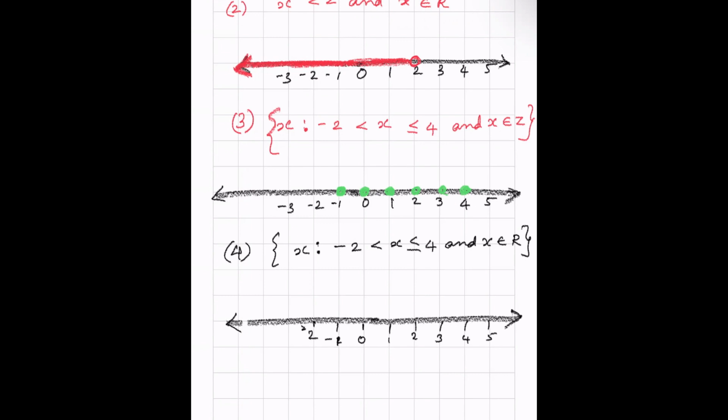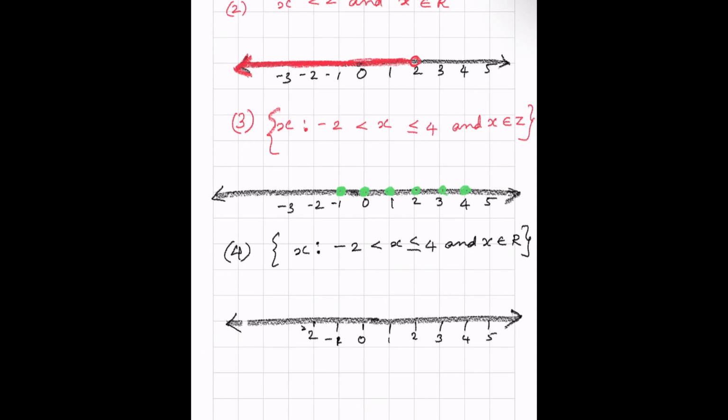The smallest value x can take is slightly above negative 2. Negative 2 is not included, but up to negative 2, any value can be taken.